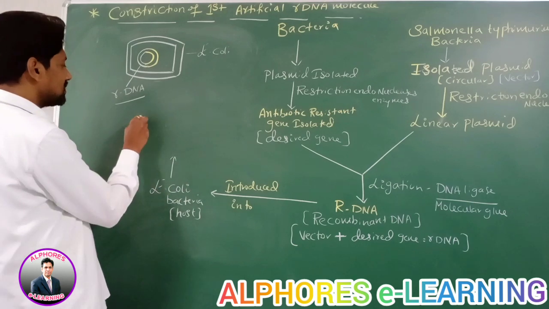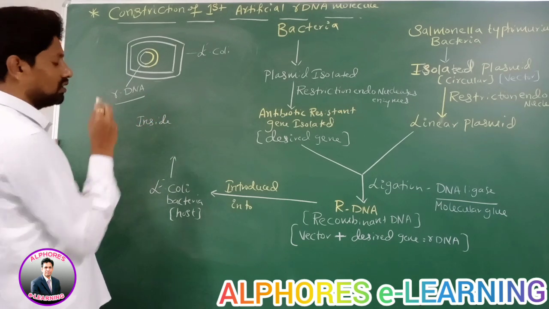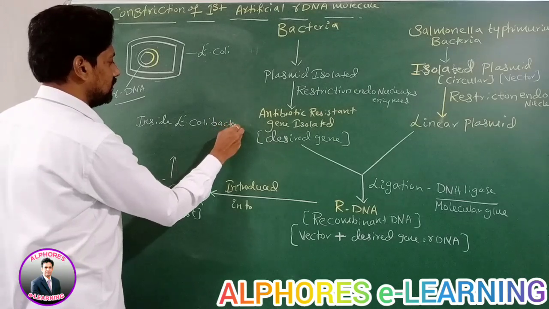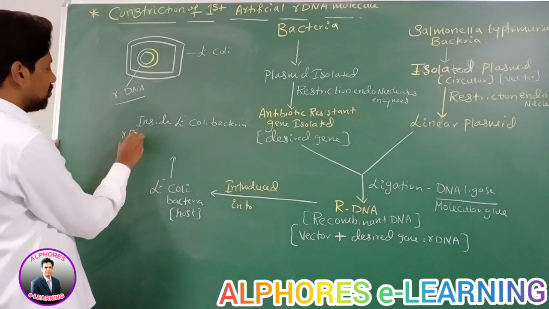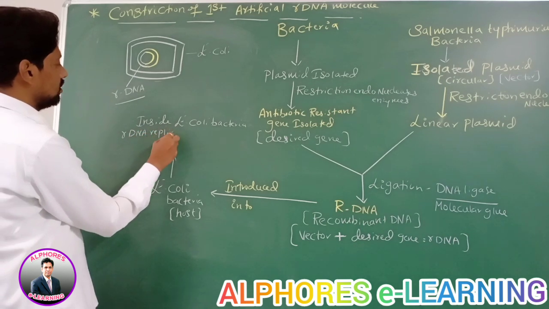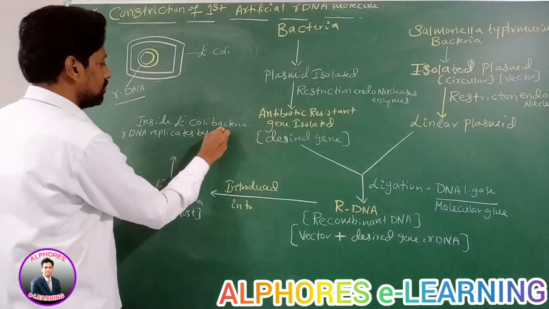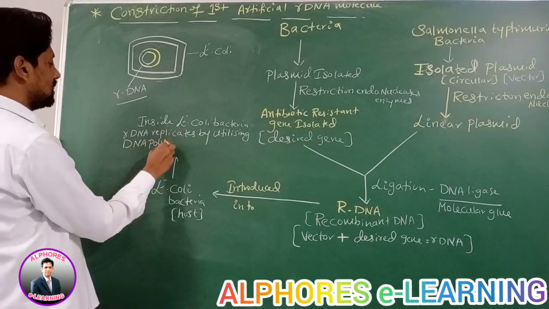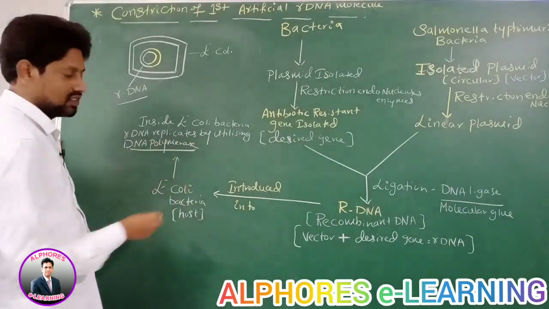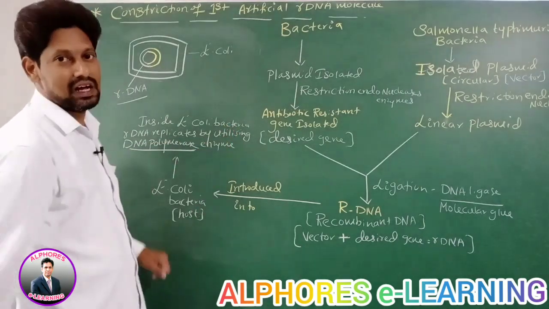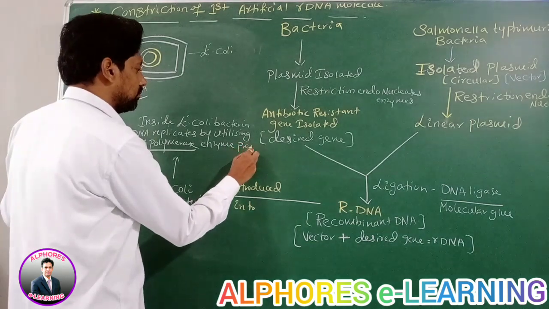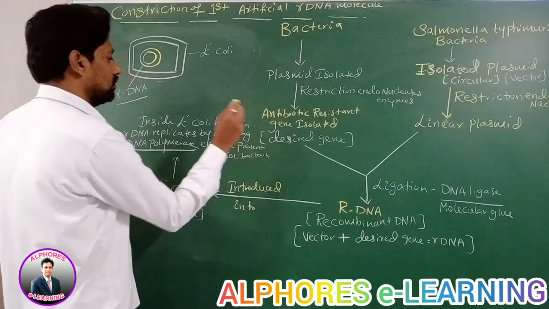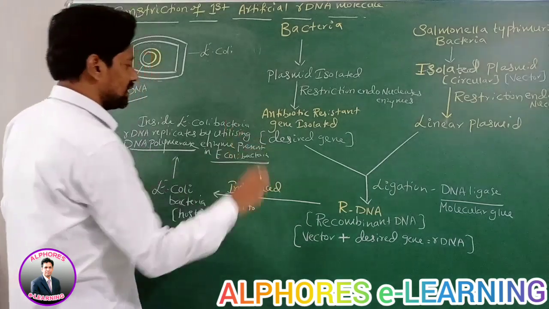Therefore, inside E. coli bacteria, rDNA replicates by utilizing the DNA polymerase enzyme of E. coli.